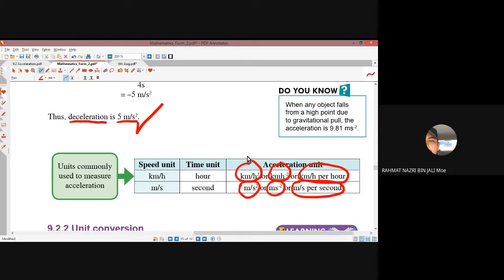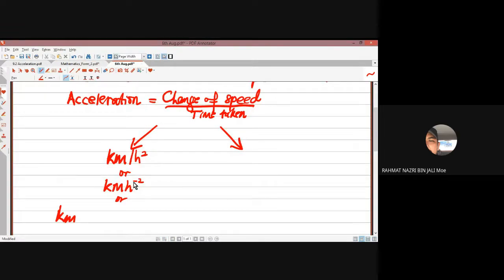Macam mana tulis ni? Per hour. Kilometer per h per hour.